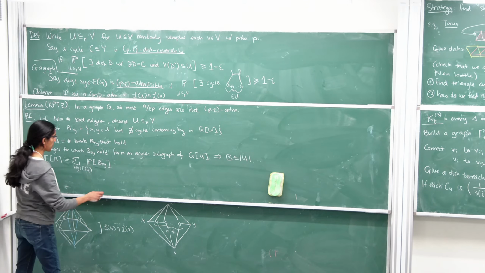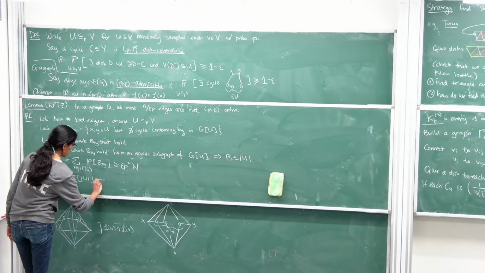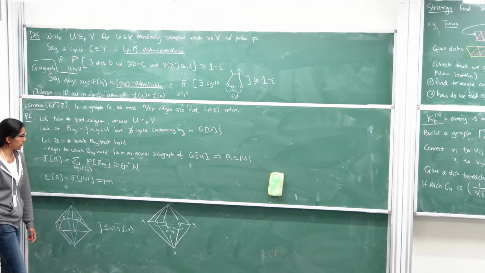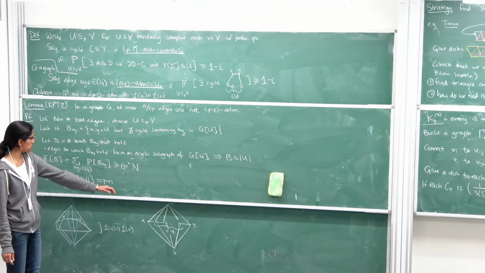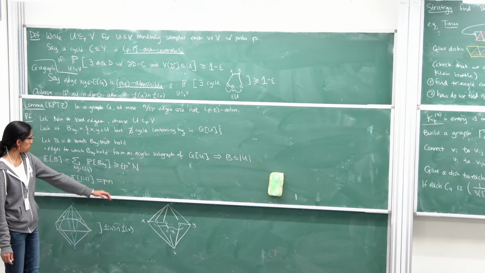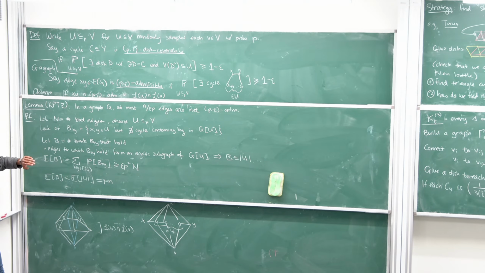So we have that this thing is at least epsilon P squared N, but also it's at most the expectation of U, which is Pn. And combining these two bounds, we get that Pn is at least epsilon P squared big N, which gives us the bound that we want.